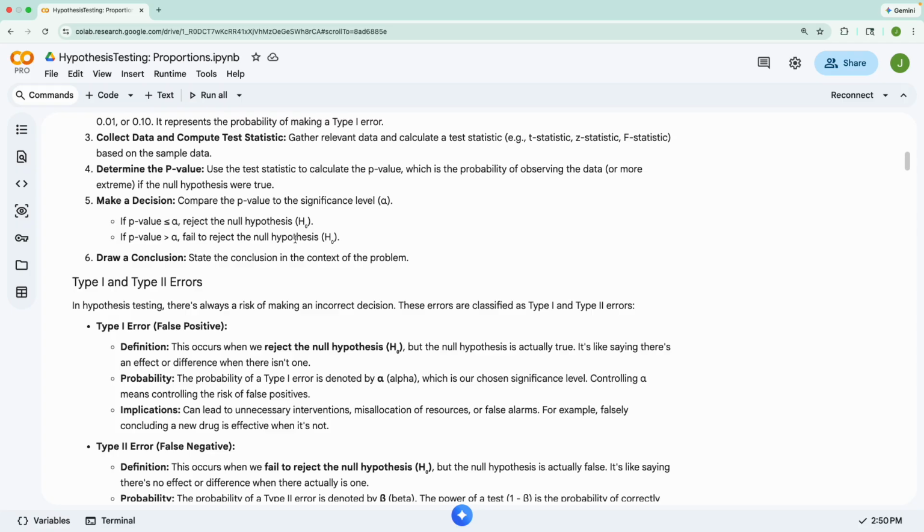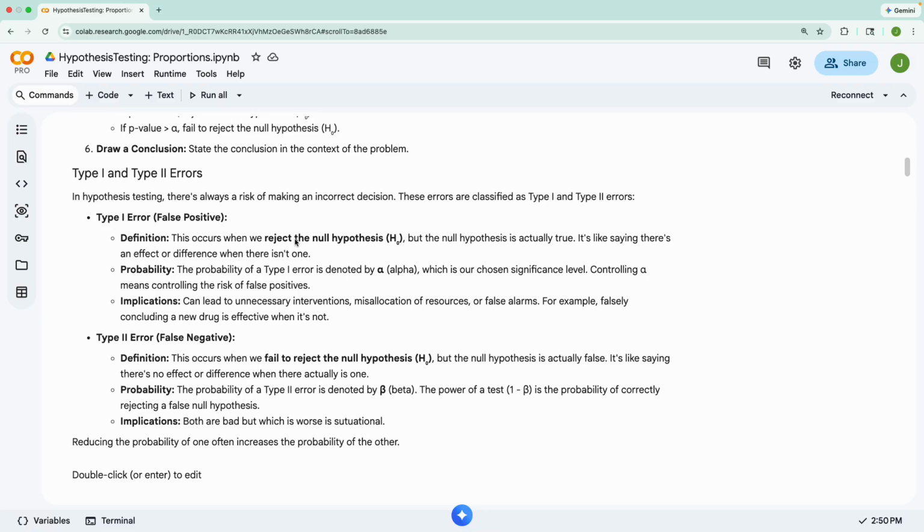For practical terms, statisticians don't use the term accept, but if you put accept in quotes, we accept the null hypothesis. It's not that the null hypothesis is true, it's just that we don't have enough evidence to decide against it. Now, if the p-value is less than our alpha, we reject the null hypothesis in favor of the alternative.